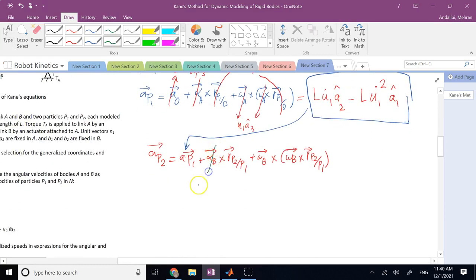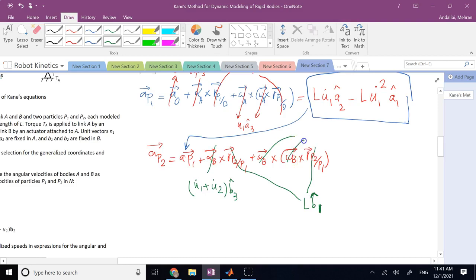So I can write it down here. This vector is L times B1, as we saw last time.